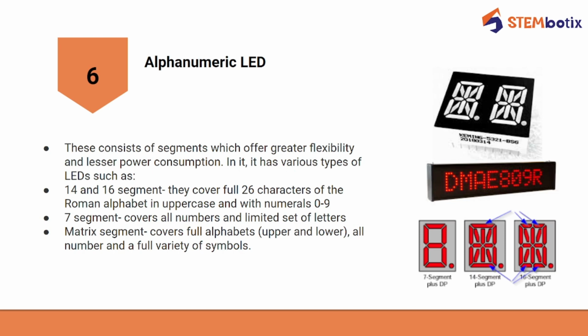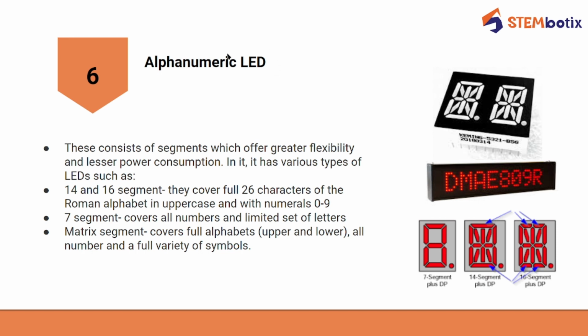Now the sixth category or type is alphanumeric LED. Alphanumeric means the LED would be something like a display, and on that display there will be alpha, meaning A to Z, and numeric, meaning 0 to 9. Numbers and letters both.